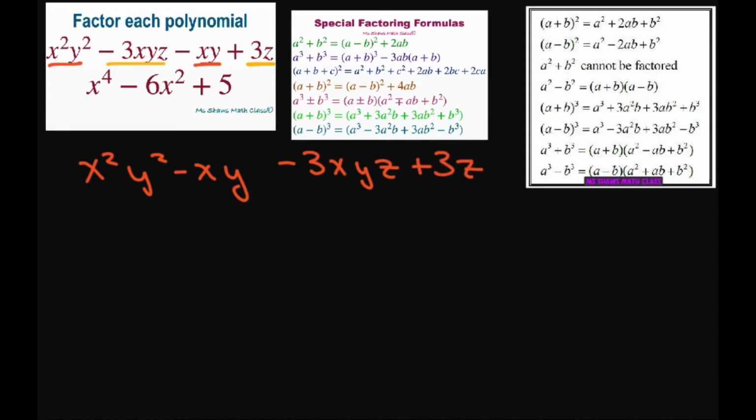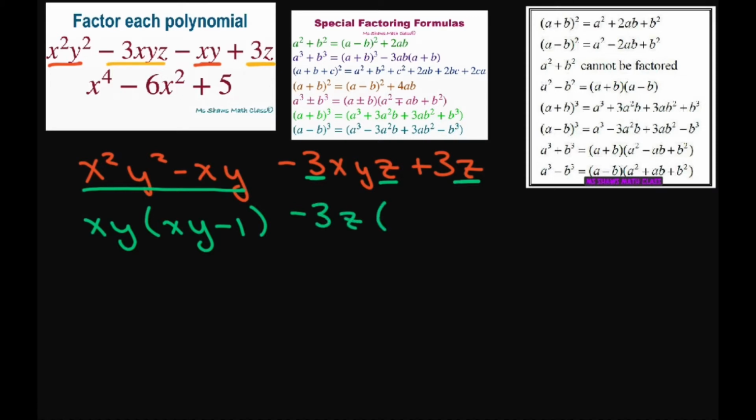What I mean by that is for this one, I can factor out an xy. And then that's going to give you xy minus 1. And then for this one, the common factor is 3z. So if I factor out 3z, then the inside is going to be xy minus 1.